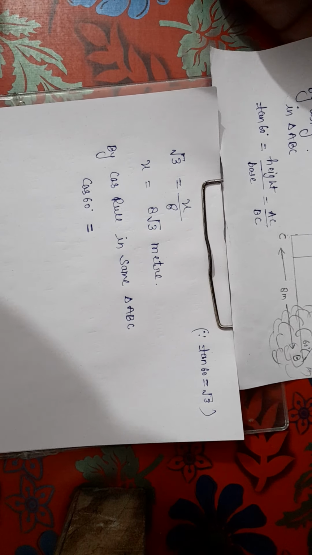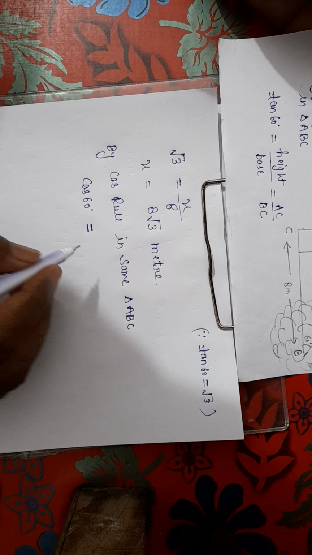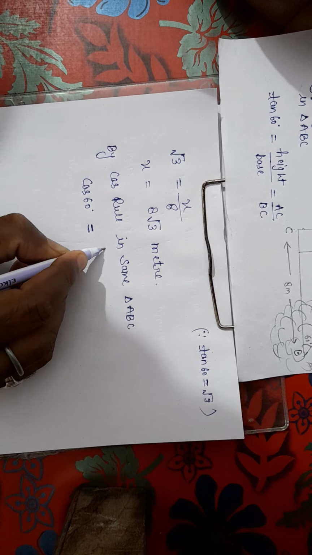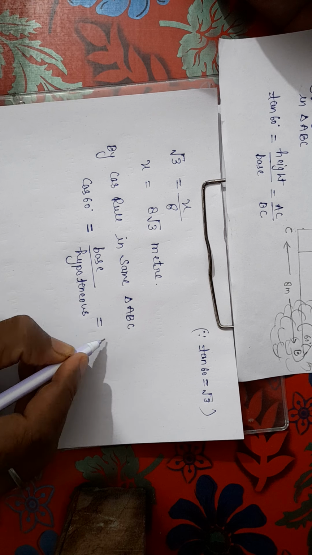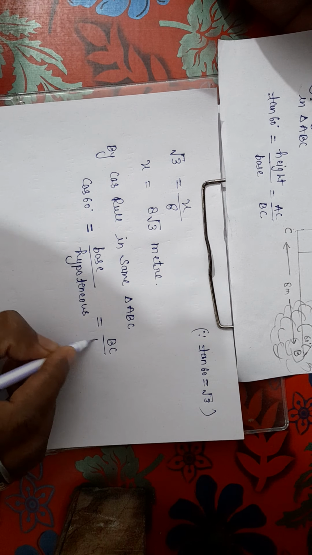But what is the value of cos theta? Cos theta equals base upon hypotenuse. Base is the same, BC, and hypotenuse is AB.